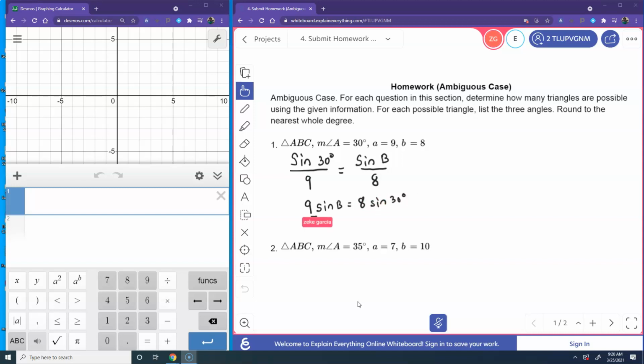Not the last step, but the next step is to divide by 9. And then we're going to get the inverse sine of the right side to find the angle. And that angle is angle B.